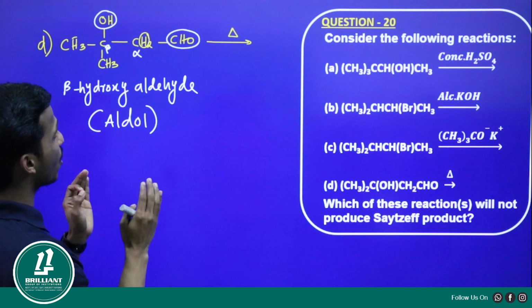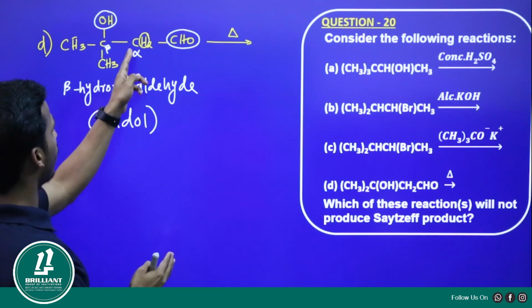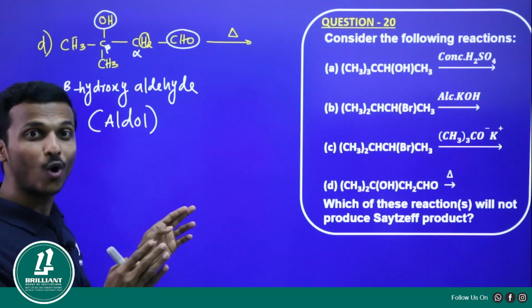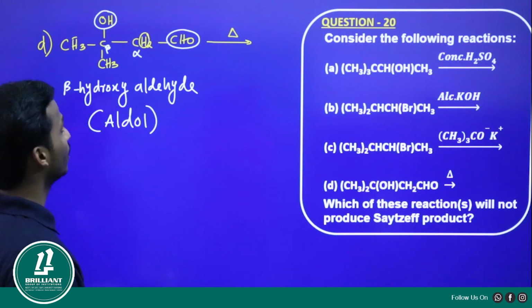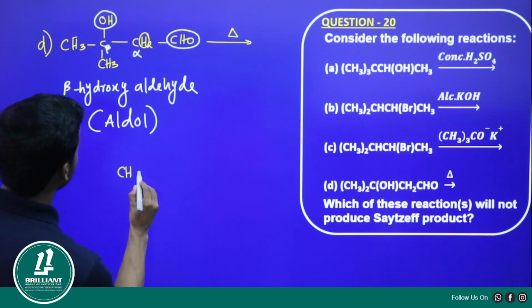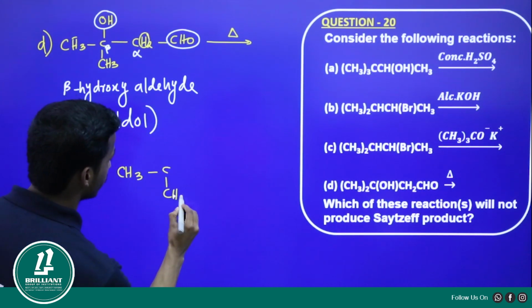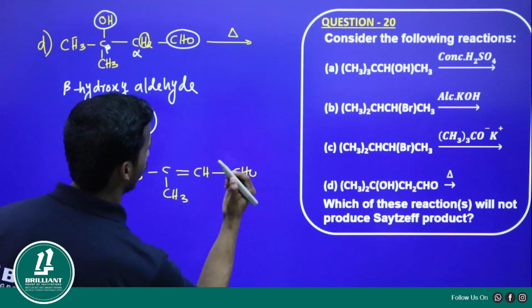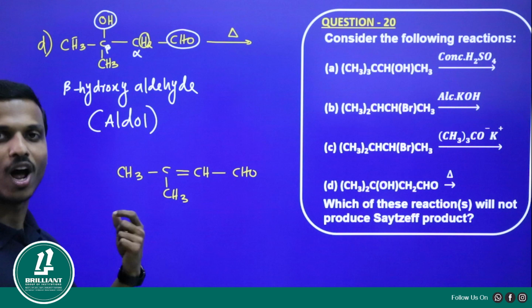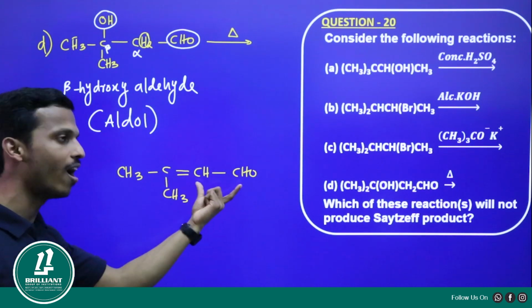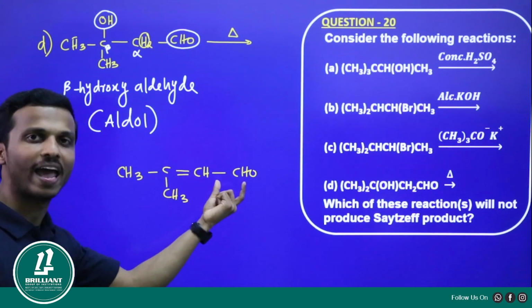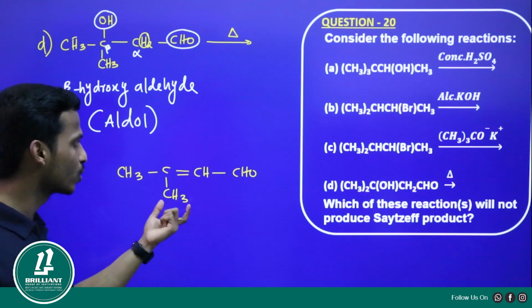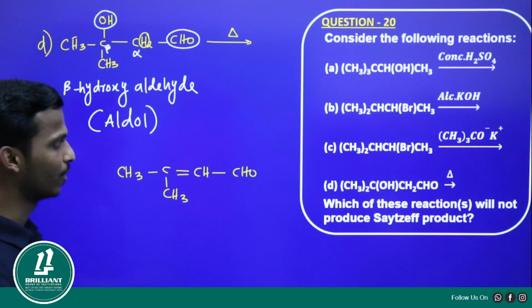Why? Because according to Zaitsev rule, when the double bond is formed here, it will be the more substituted alkene. So let me write the product here. CH3, CCH3, double bond, CH, single bond, CHO. This will be the product. When an aldol is heated, you will get an enal because it contains alkene and aldehyde. This is also a Zaitsev product.